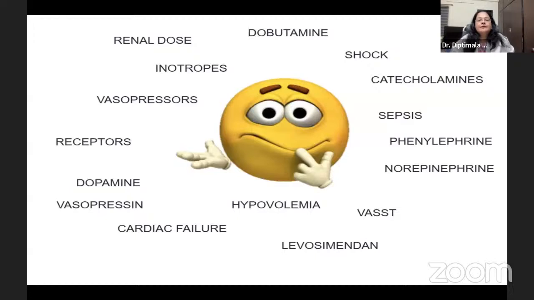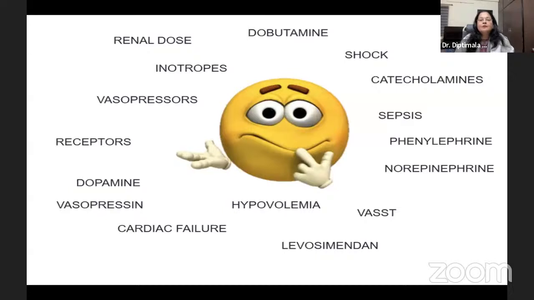So in this slide, you can see the confused young JR who is thinking of which inotrope to give, which vasopressor to give. And all these inotropes and vasopressors, they act on which receptors, what are their actions. So I will try to make it simple and I will try that you understand.